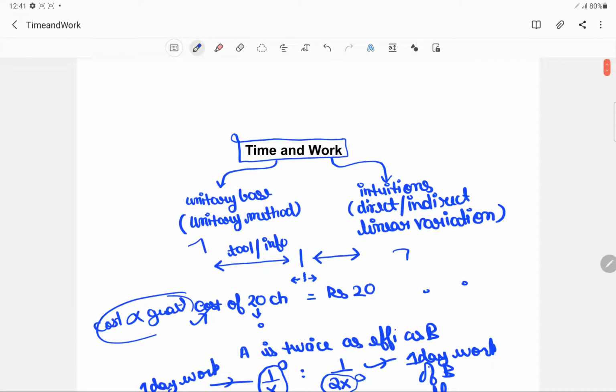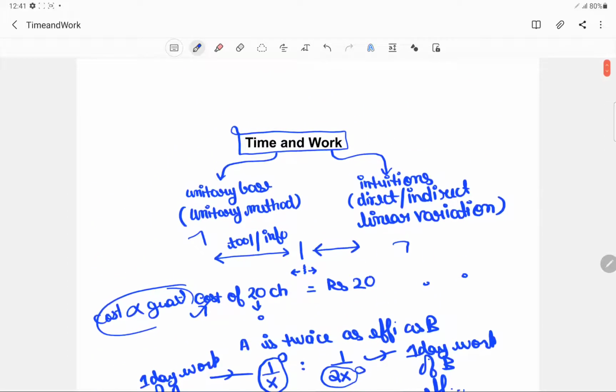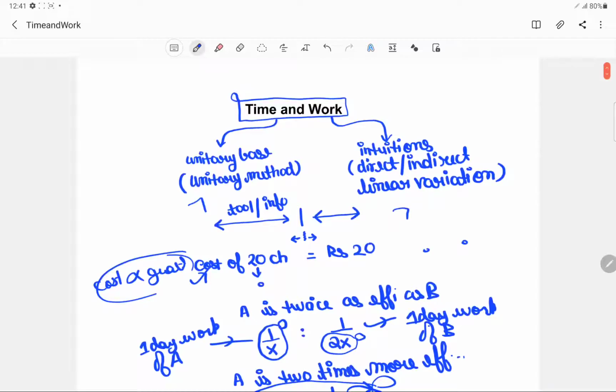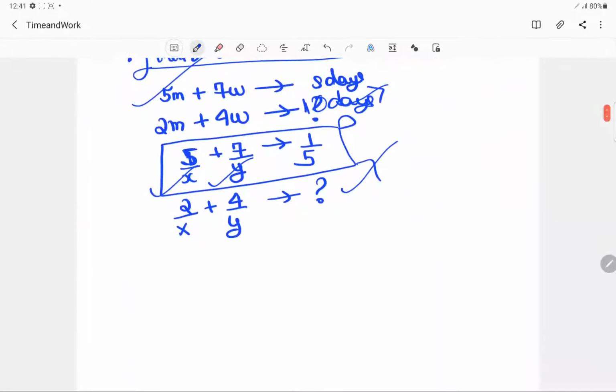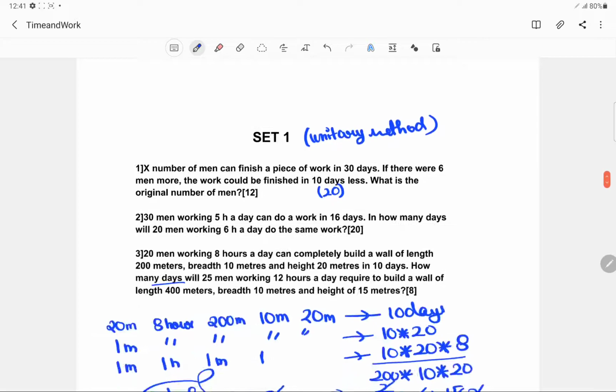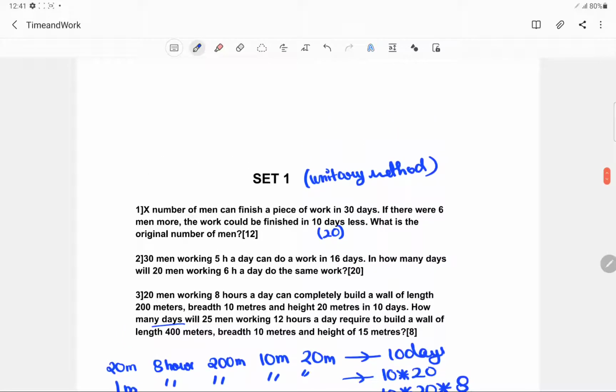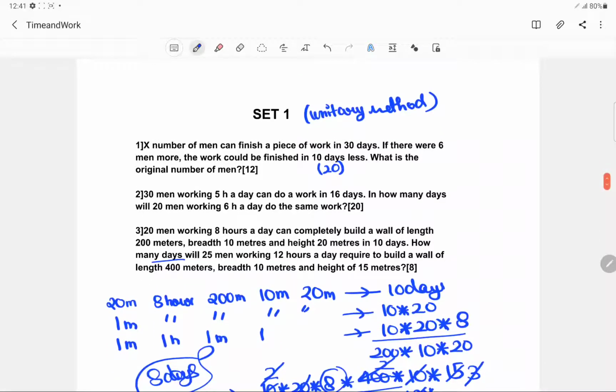For every question, always follow the standard procedure, convert it to the unit thing, always follow the intuitions and read the question well, and you will never end up doing a question on time and work wrong. We did all the theory part, then we did the first set based upon the unitary method.